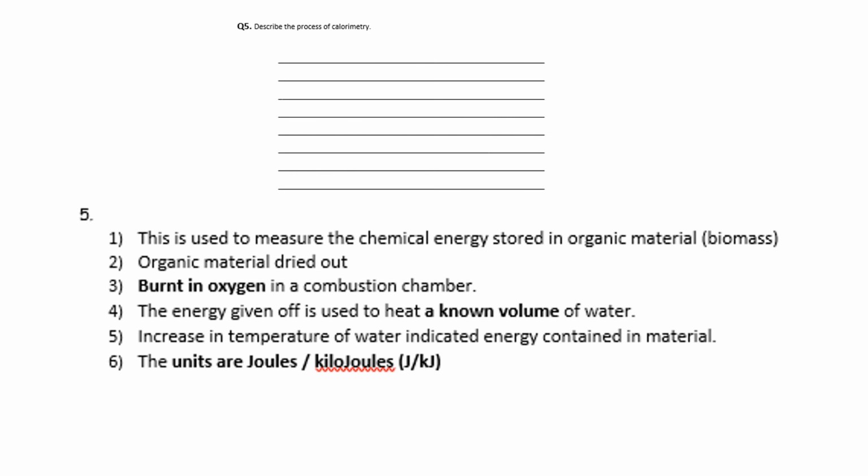So the calorimeter, your combustion chamber, is inside a little tank of water, so that has to have a known volume. The increase in the temperature of that known volume of water will indicate the energy contained within that burnt sample of organic material. And the units, always state the units, are going to be in kilojoules that you're going to get from this calorimeter reading.